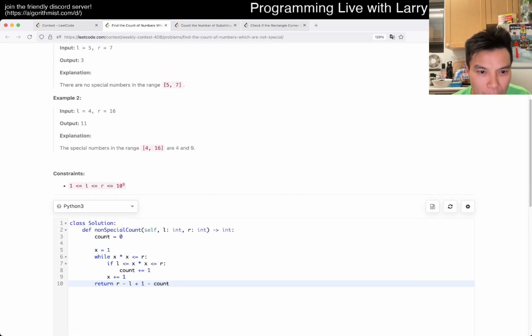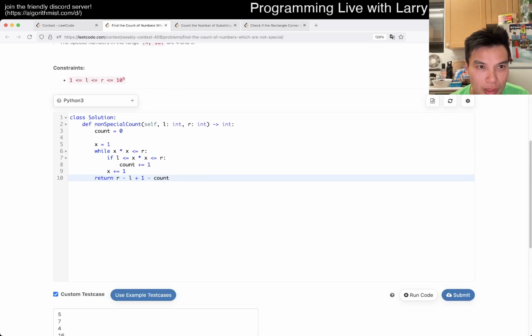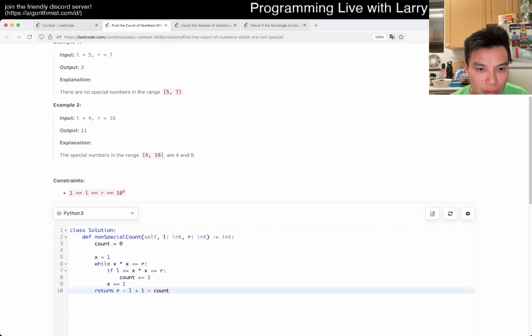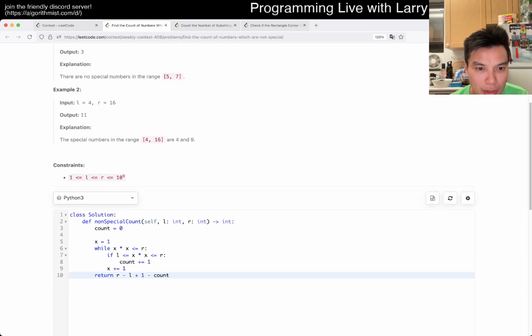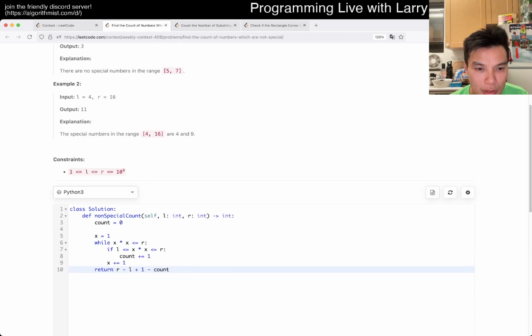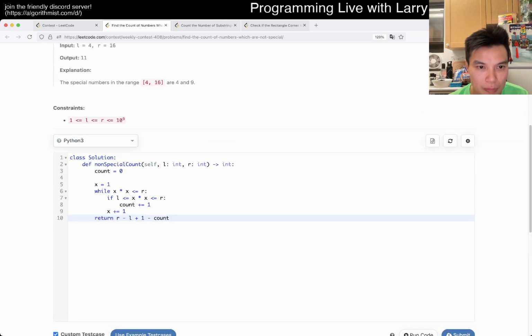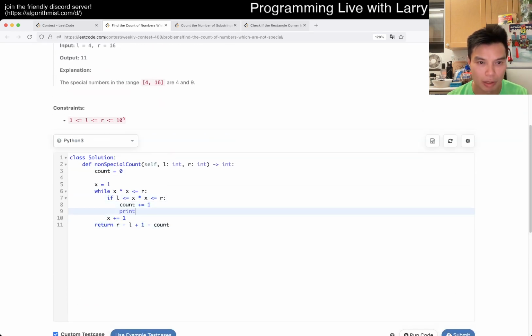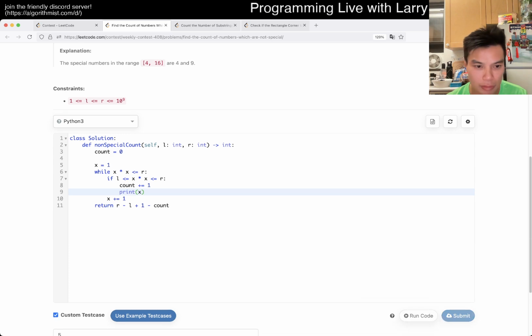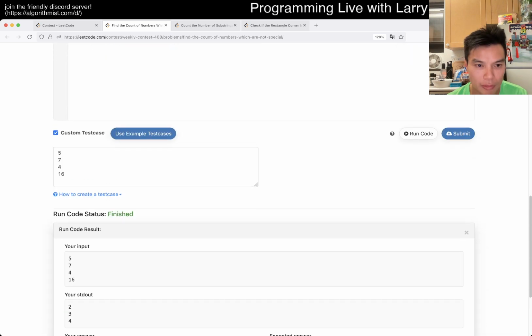10? Why? 4 and 9. What am I doing wrong? That's 12, 13, 13 minus 4 and 9 should be 11, right? What? Three and 4.